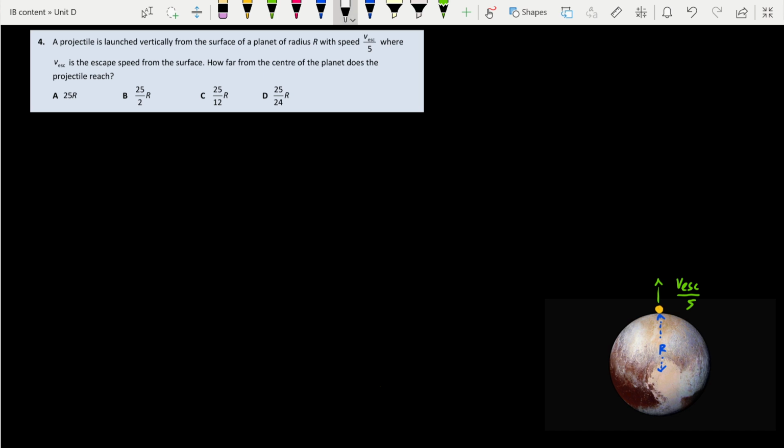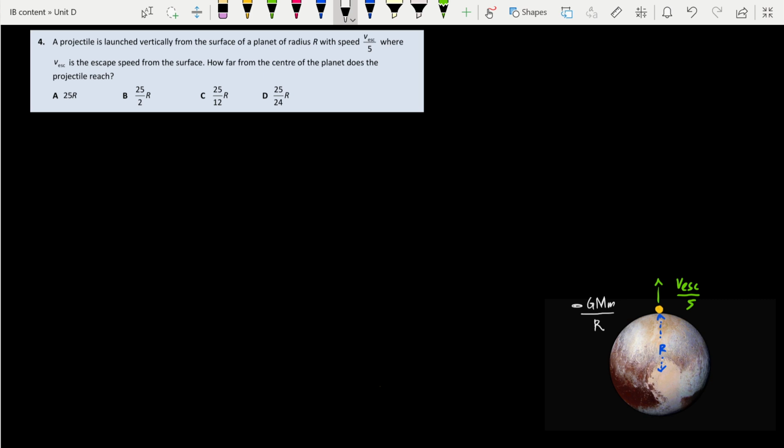It not only possesses the potential energy, which is negative GMm divided by capital R, due to the gravitation, but also the maximum kinetic energy.